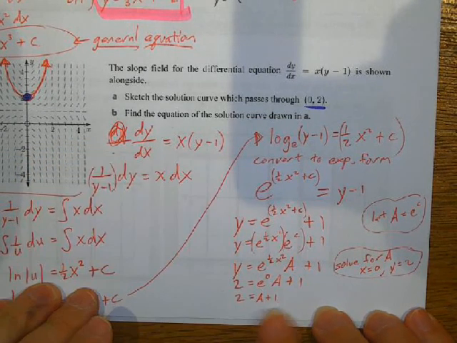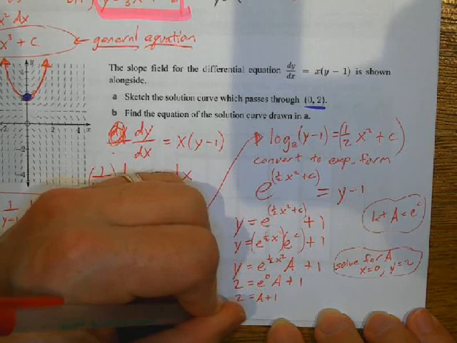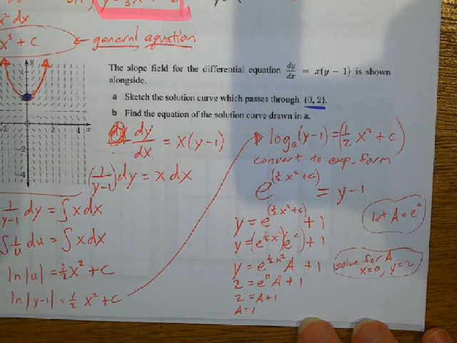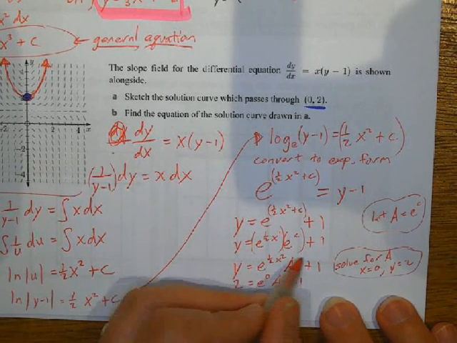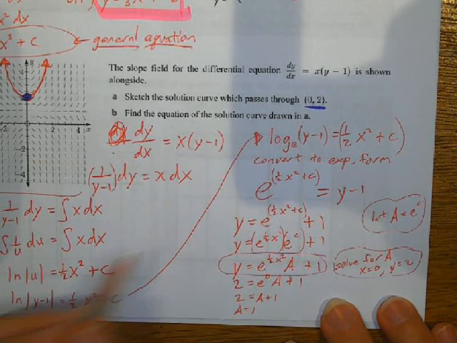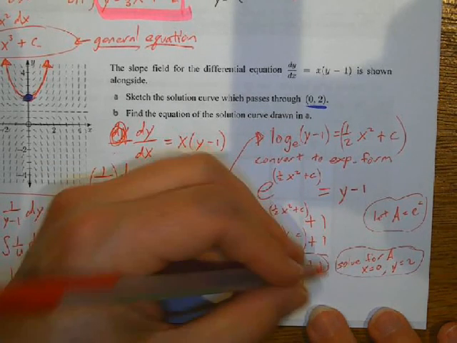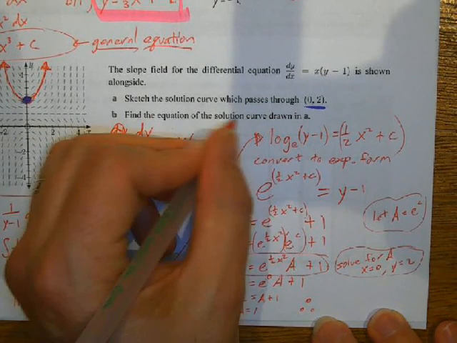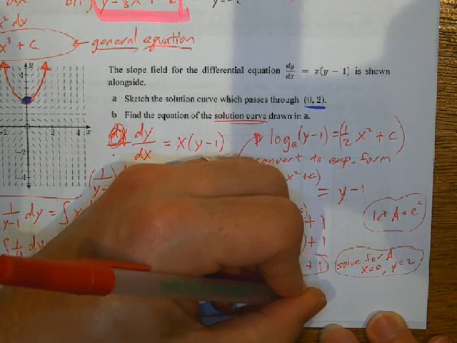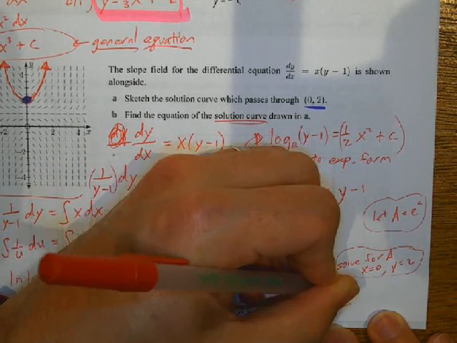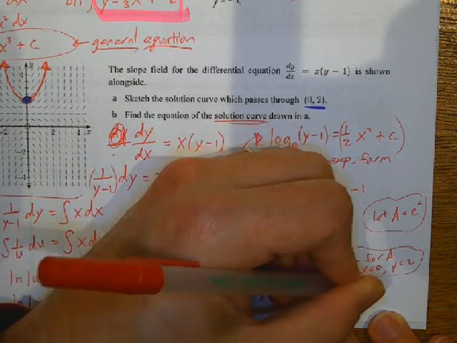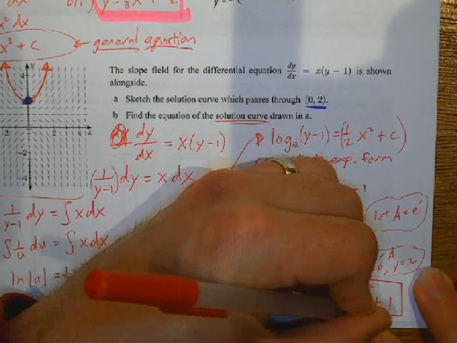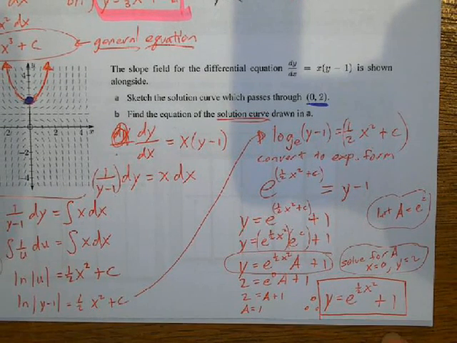So subtract 1 on both sides, and a equals 1. Okay? So now I'm going to rewrite this equation with a being 1. So my solution of the curve is y equals e to the 1/2 x squared power plus 1. And that is the particular solution for this curve.